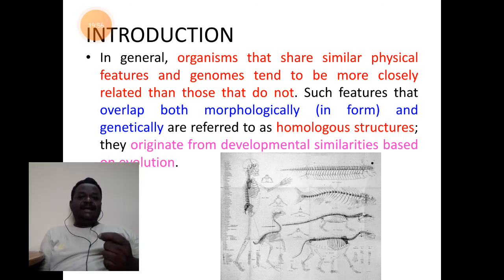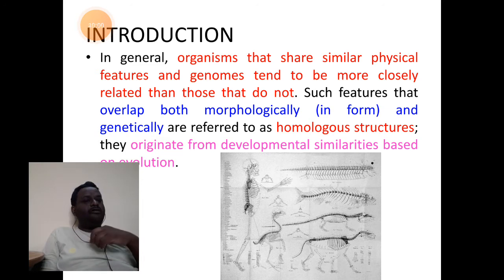Down in this slide is the image of the vertebral column of different vertebrate classes. The basic plan of the vertebral column of all vertebrates, when we look at it, looks similar. The homologous organs, even though they show morphological or outward differences, tend to show genetic matchings.